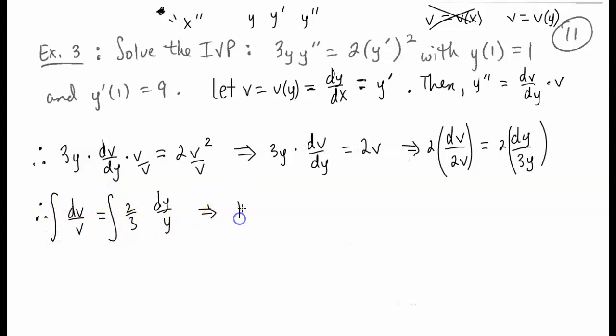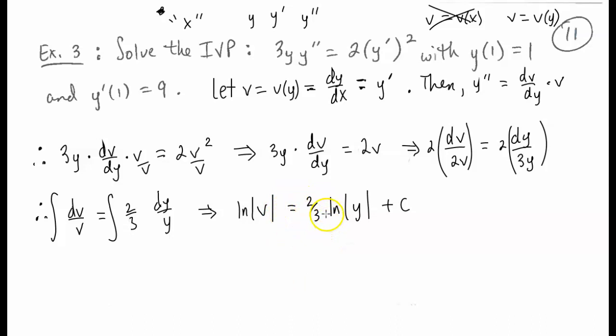On the left side, I'm just going to have natural log of absolute value of v. On the right side, I'm going to have 2/3 natural log of absolute value of y. And we could say here that this is going to be plus some constant. Well, actually, I could put it on the left here.